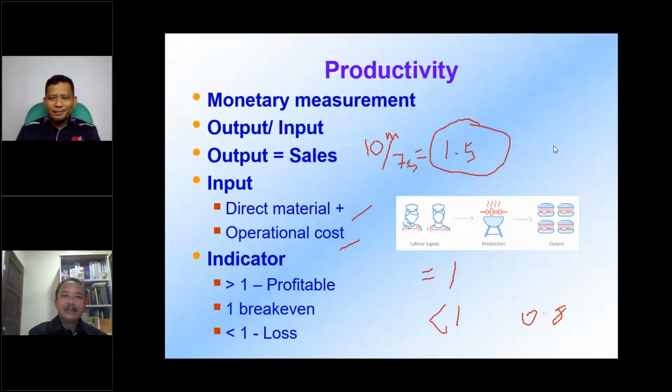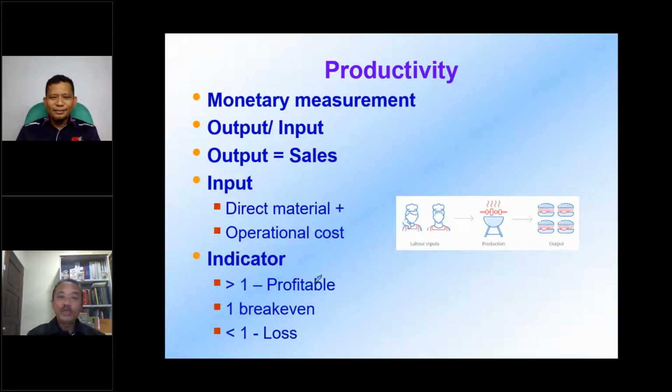At the same time, just to make sure that whatever we produce and send to the customer, which is the output, which is the sales, is not returned as RMA, that there are no returned parts or rejects, in order to make sure that the profitability is maintained. Because once you have to return, the cost will be under input already.